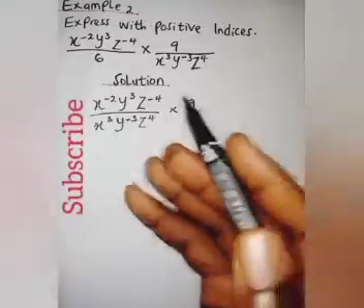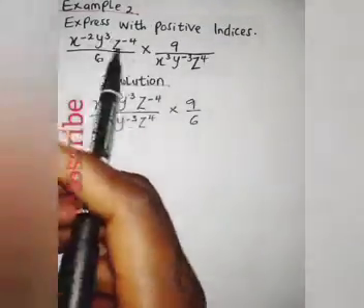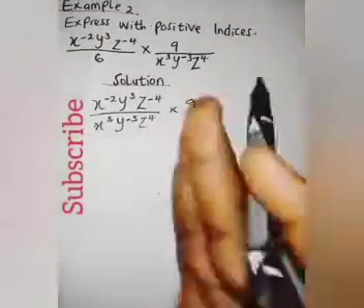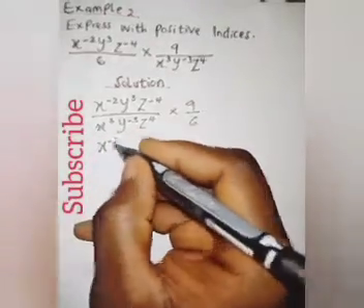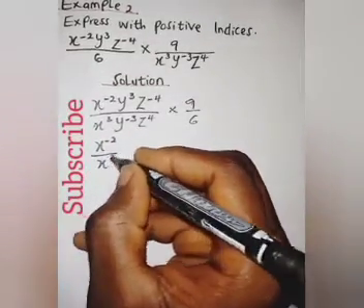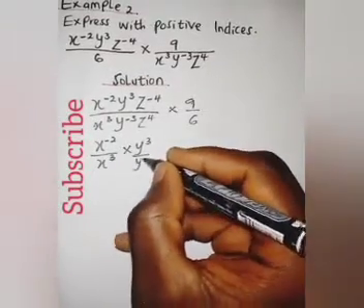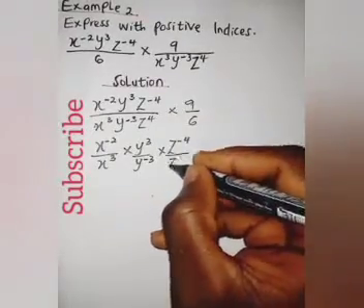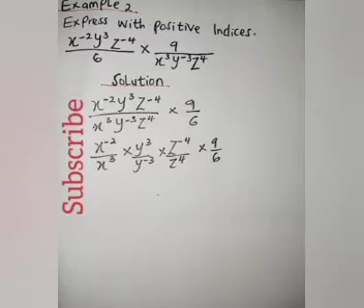I just try to interchange these variables: those with powers should be together and numbers should be together. So I can pair them here, then I have something like this.